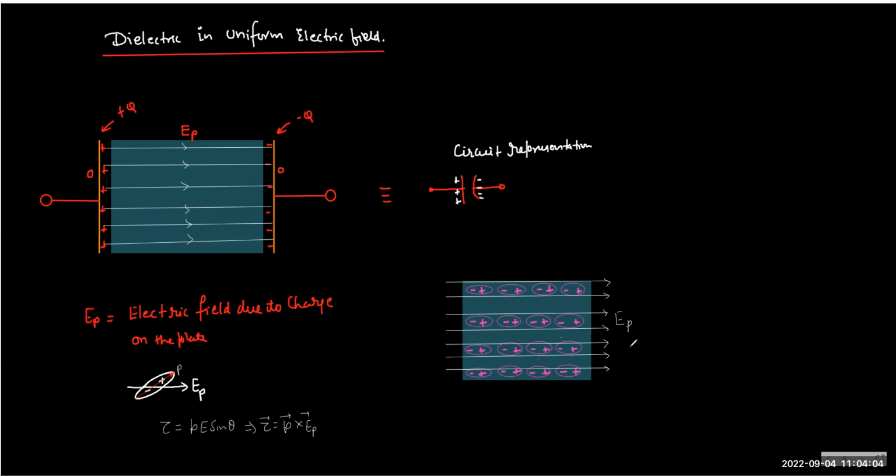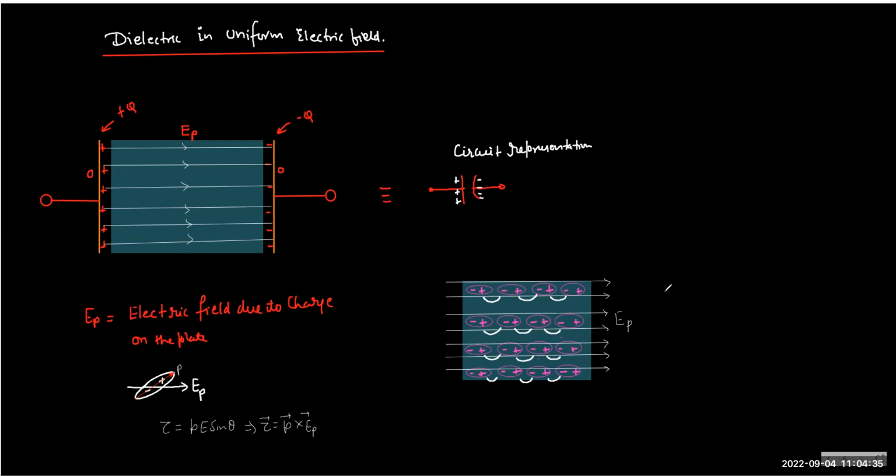Anyway, if this is the arrangement, then this plus and this minus will compensate each other. So the bulk will compensate the charges, but what will not get compensated? The edges, right?